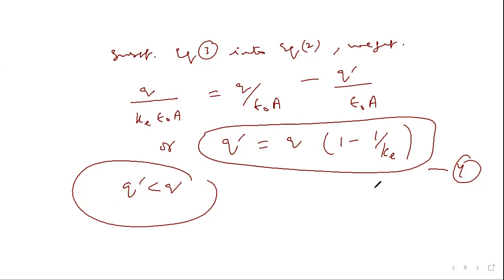Remember, if there is no dielectric, Ke is 1, 1 minus 1 is 0, so there is no bound or induced surface charge. Now, if there is dielectric, then induced surface charge Q prime is less in magnitude than the free charge Q, right? This was one conclusion.